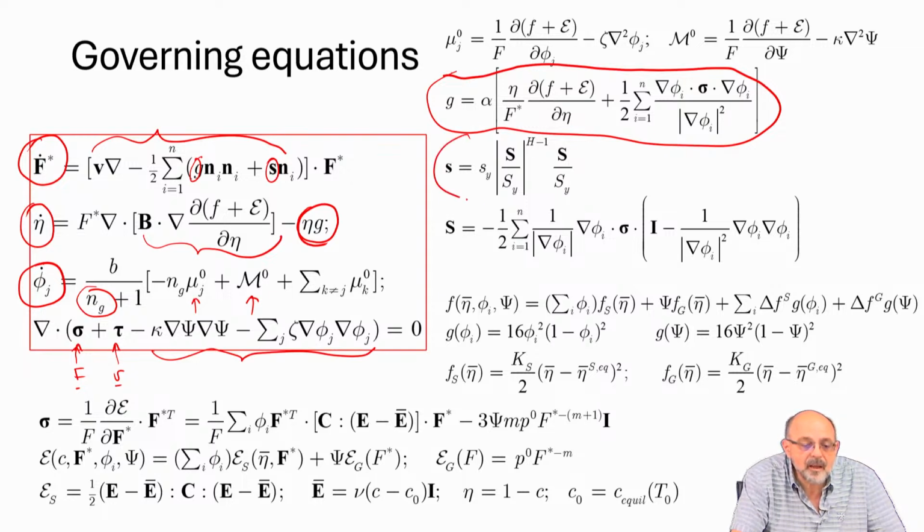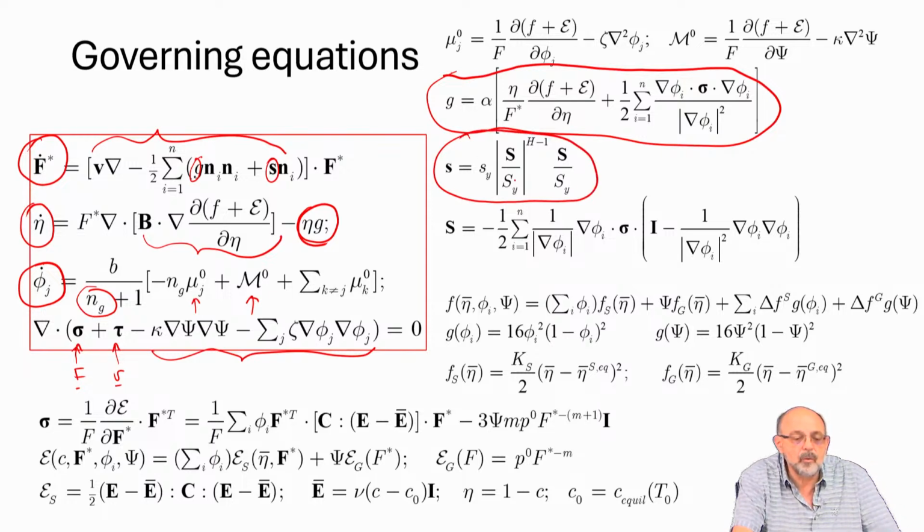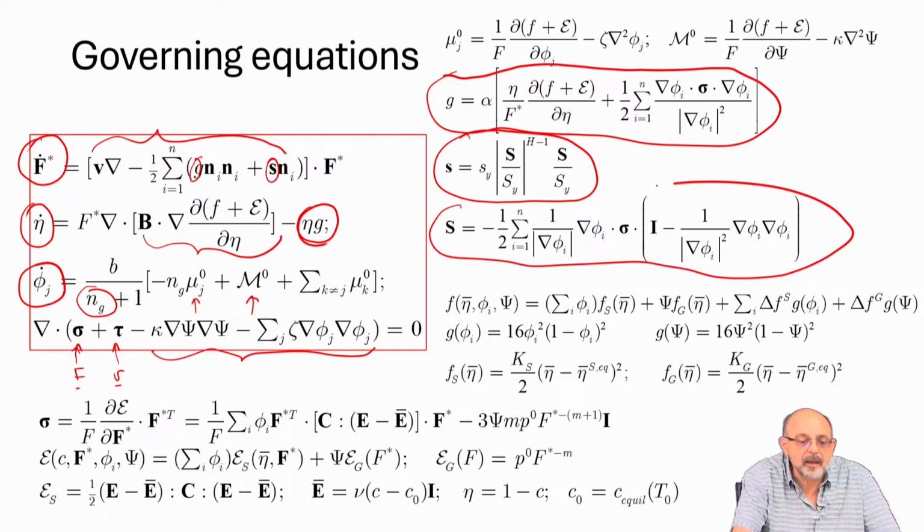S will be a power law. That's one simple way, where S yield is a threshold, the boundary yield. And this capital S is the projection of the stress to the plane.